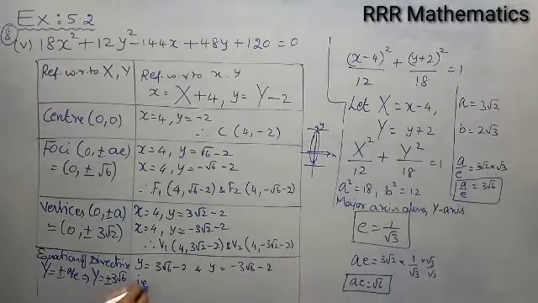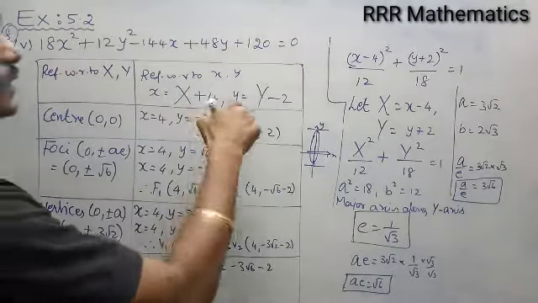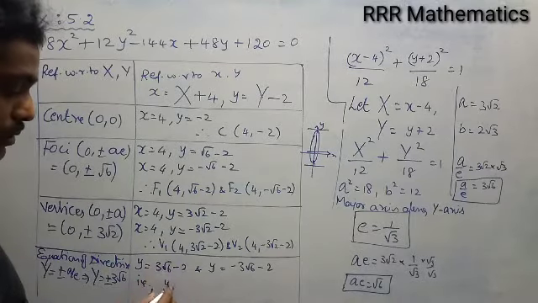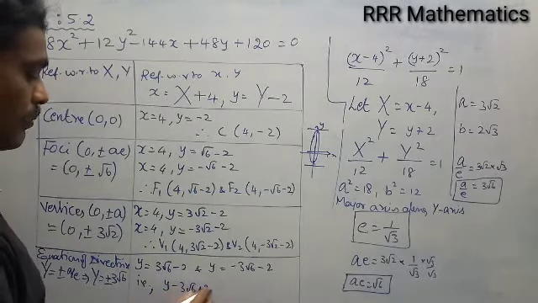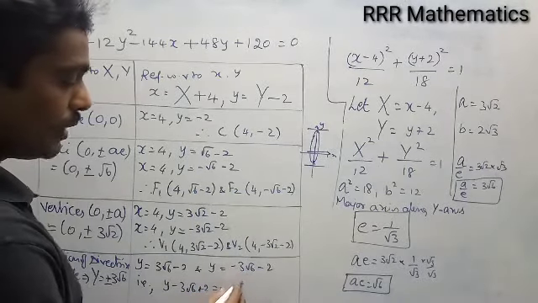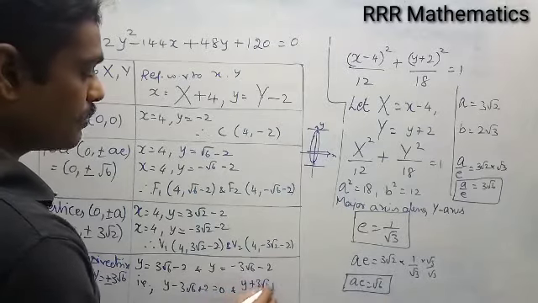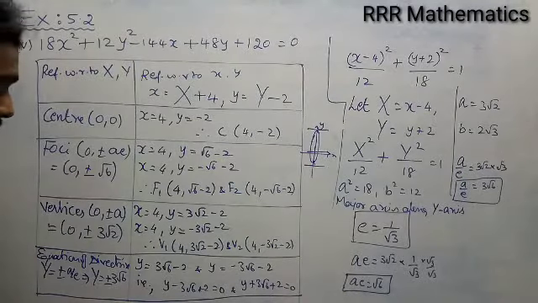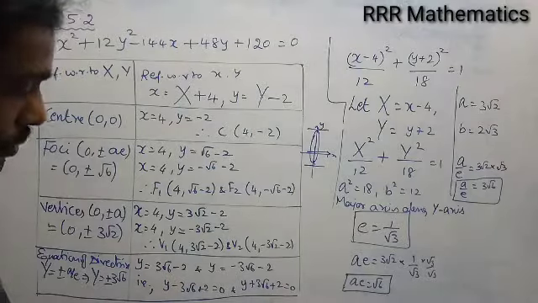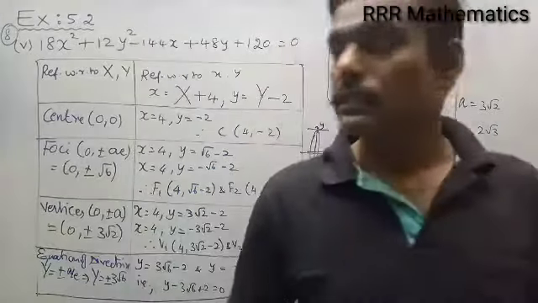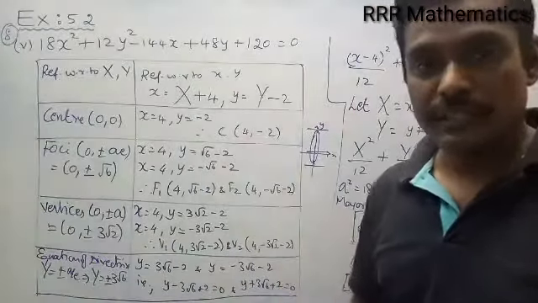So you will get the required equation of the Directrix with respect to small x and small y: y equal to 3 root 6 minus 2, or y minus 3 root 6 plus 2 equal to 0, and y equal to minus 3 root 6 minus 2, or y plus 3 root 6 plus 2 equal to 0. So I am getting the equation of Directrix. In this case, y equal to 3 root 6 minus 2 and y equal to minus 3 root 6 minus 2. Is it clear?